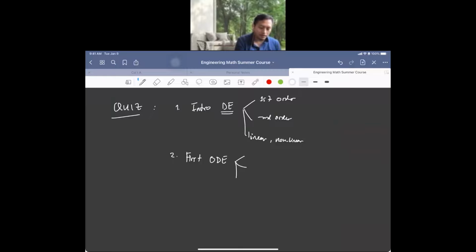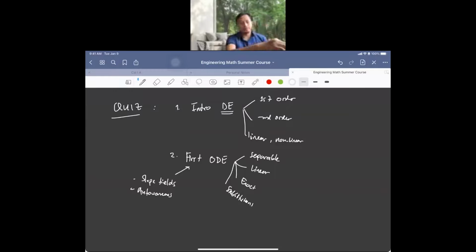We have several methods: separable, linear, exact equations, substitutions. And also before this, we have the slope field, the solution curve, and autonomous equations to see the behavior of the graph. Just these two.